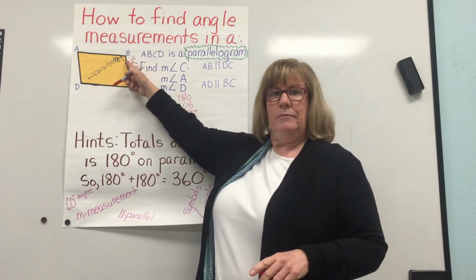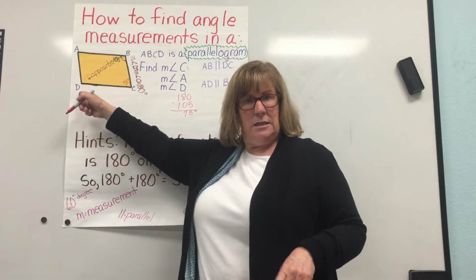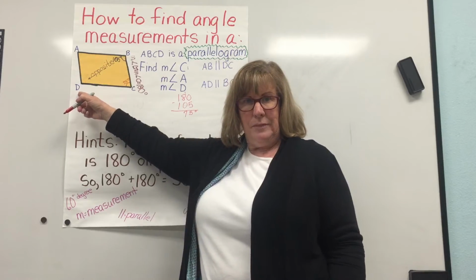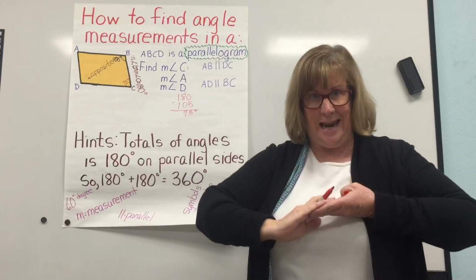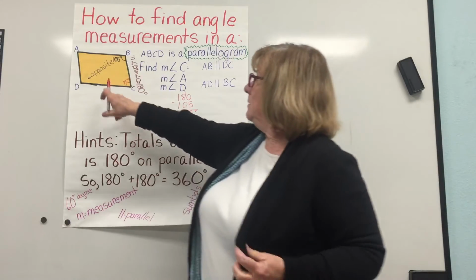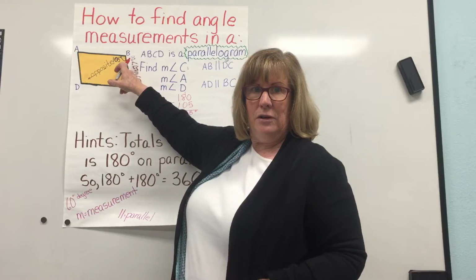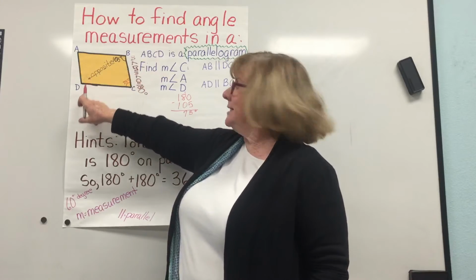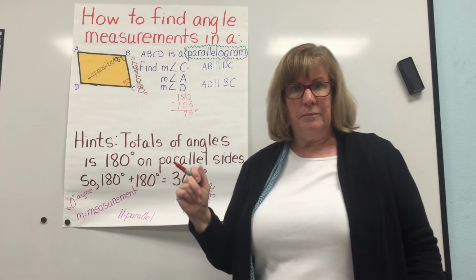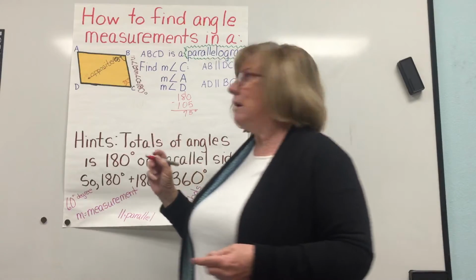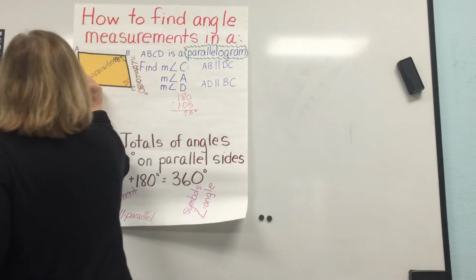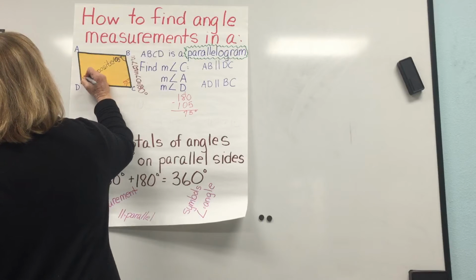Angle B is opposite to angle D. If I were to fold it in half, the angles would measure the same. So if this is 105, how many degrees is angle D going to be? 105. So I'm going to write that on my parallelogram. 105.